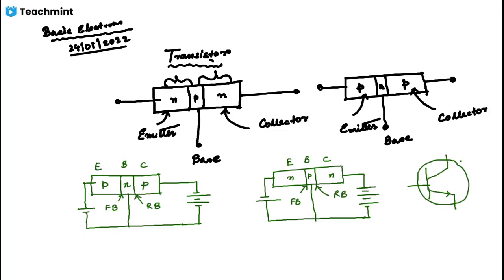So this is the base, this is the collector, and this is the emitter. This is the symbol of an NPN transistor, and the PNP transistor is the same.